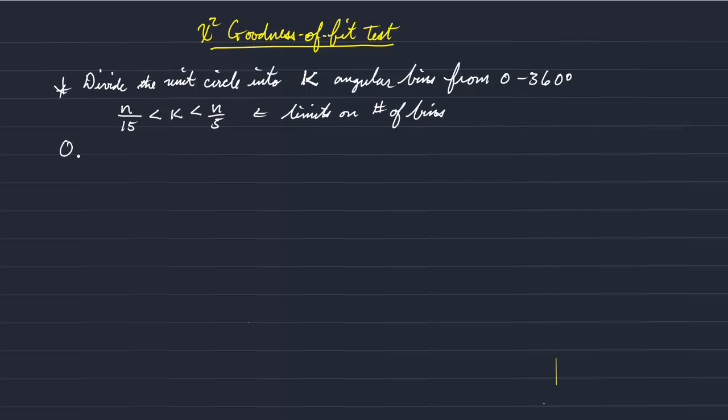And then we count up the number of observed angles in bin J, in each of the bins. And we compare that with the expected number.